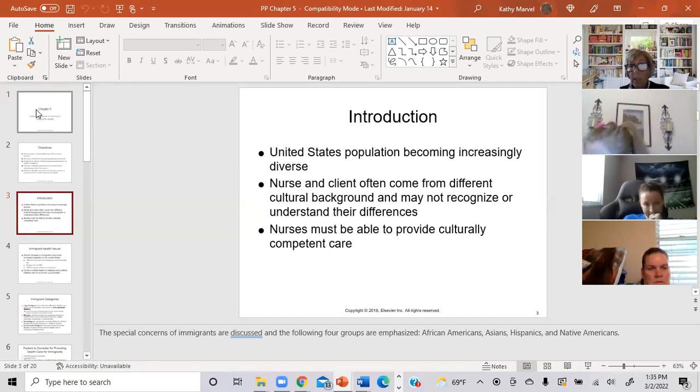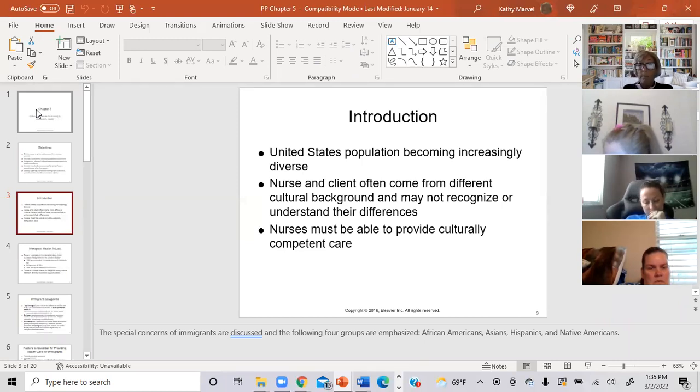Here's one reason. United States population is becoming increasingly diverse. Okay, in every part of nursing, wherever you work, it doesn't matter. If you're in the hospital, clinic, community, rural, you are going to be challenged with different cultures. Different beliefs, different values, different languages, different practices.